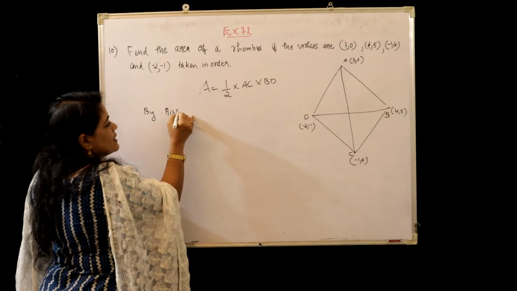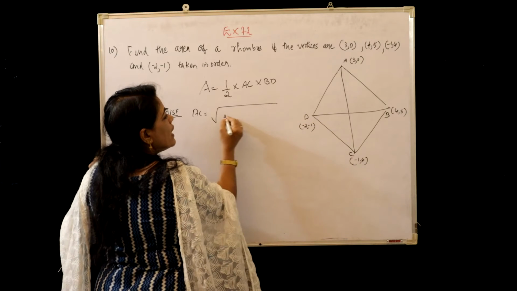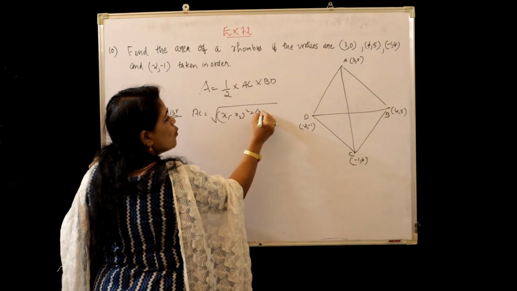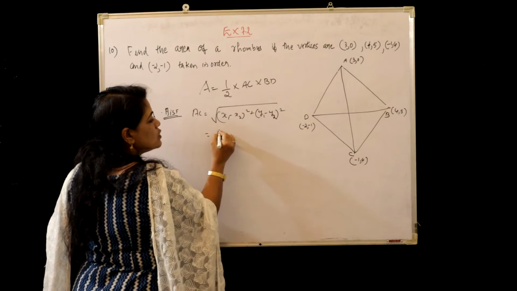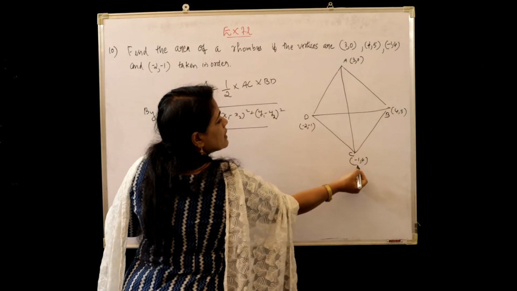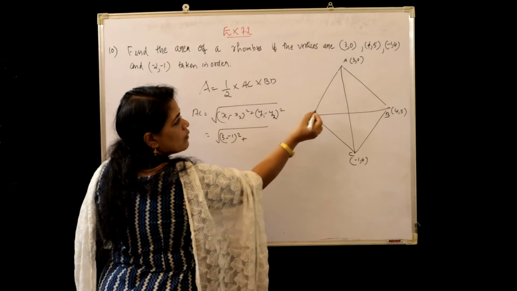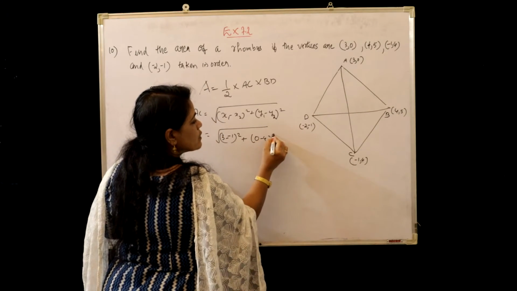So by the distance formula you will get AC, that is root of (x1 minus x2) whole square plus (y1 minus y2) whole square, that is root of (3 minus minus 1) whole square plus (0 minus 4) whole square.